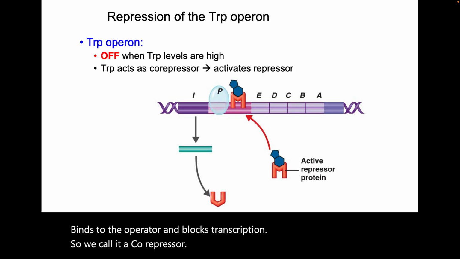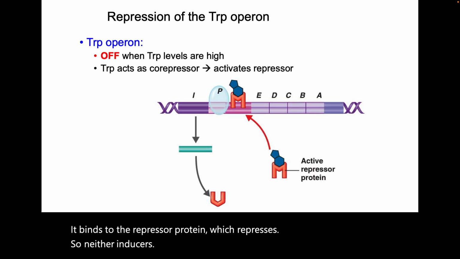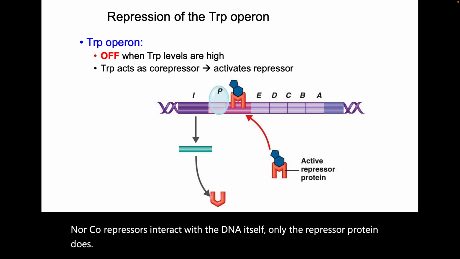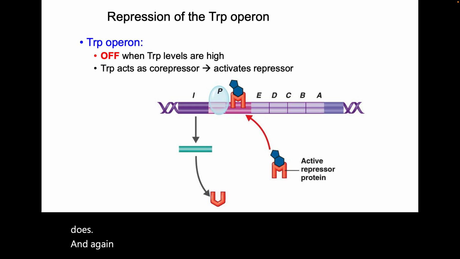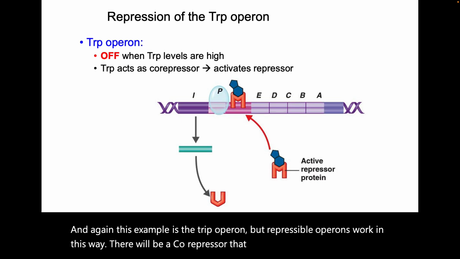It doesn't directly repress, it binds to the repressor protein which represses. So neither inducers nor co-repressors interact with the DNA itself. Only the repressor protein does. And again, this example is the TRIP operon, but repressible operons work in this way. There will be a co-repressor that causes transcription to stop.